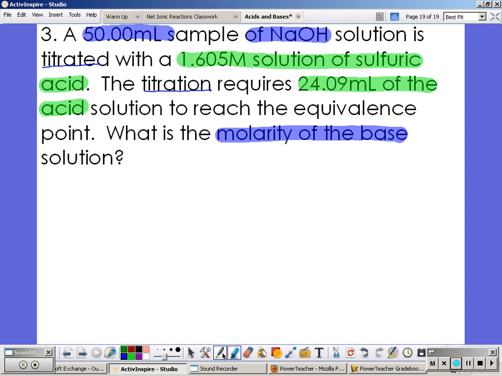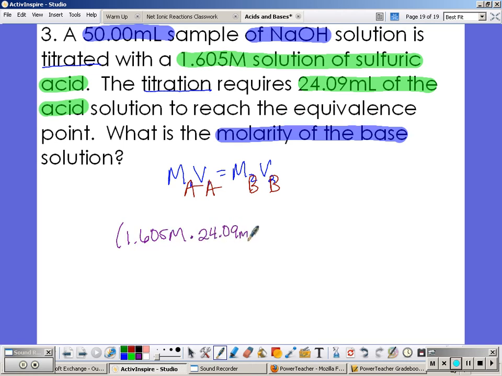So I know M1V1 equals M2V2, and I could change that to be acid and base. Plugging my numbers in, my acid molarity times the acid volume equals x times the base volume.